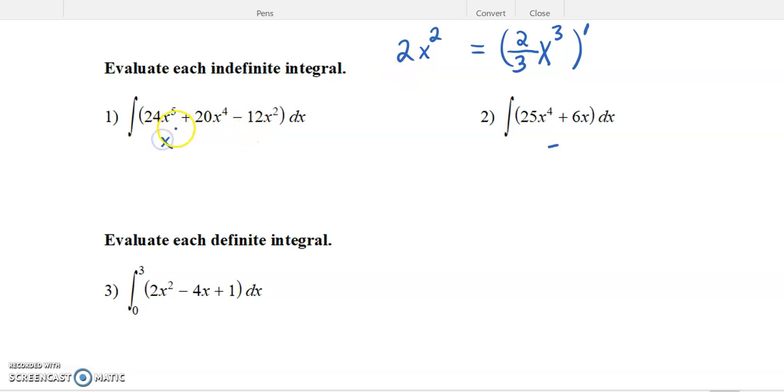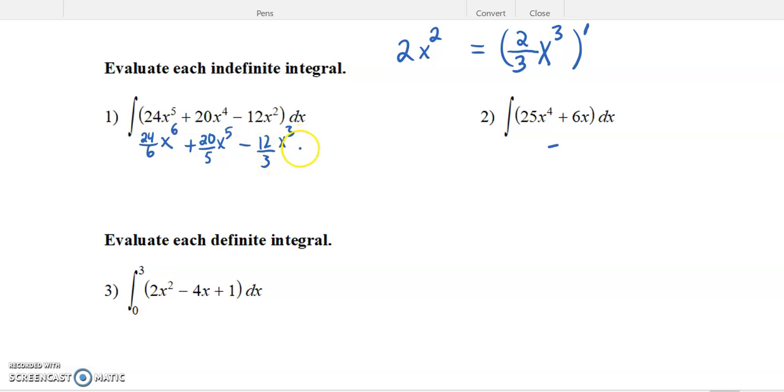I'm going to increase the 5 to 6. Then I'll divide the 24 by 6, because if I were to go backwards and take the derivative, once again, the 6's would cancel and I'd be left with the 24. And then this one would be x to the 5th, then 20 over 5, minus 12x to the power of 3, and then I'm going to divide by 3.